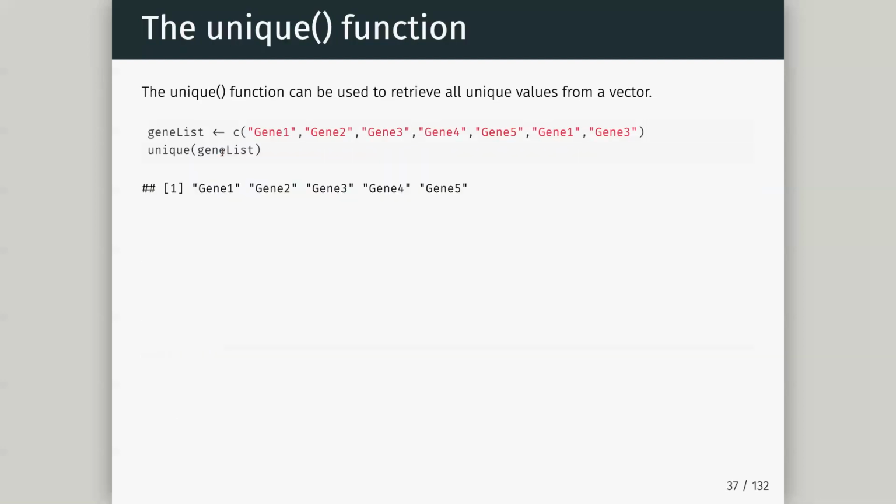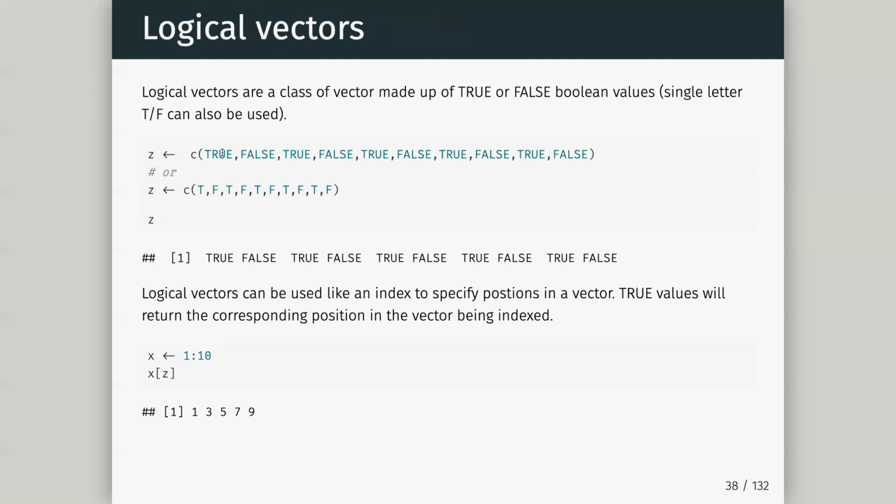A really useful thing about vectors is we can also use them to store logical values. I already showed you this when I looked at the directory and I said full names equals TRUE. We have logical in R, and it's defined as TRUE, capital, or FALSE.